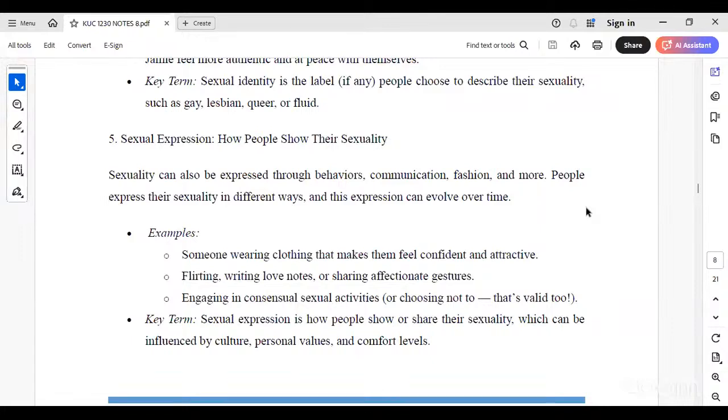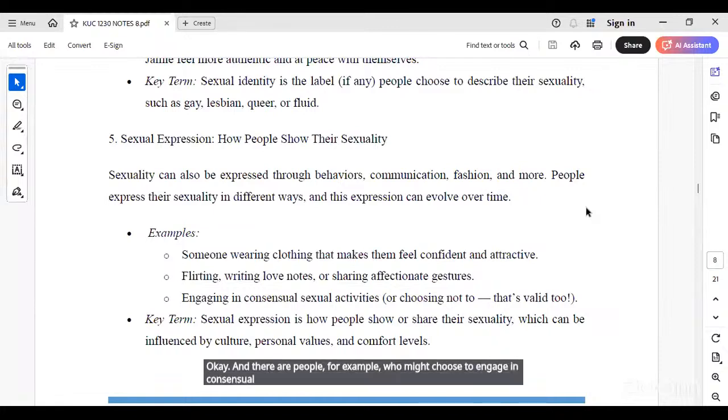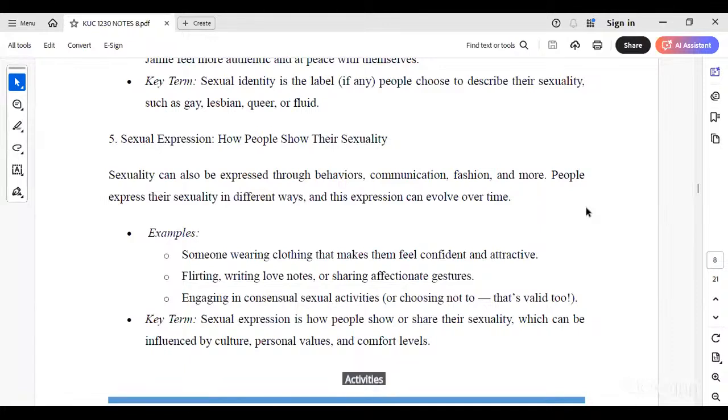Okay, and there are people, for example, who might choose to engage in consensual sexual activities as a way to express their sexuality. But there are others who will want to have a relationship, but they don't necessarily want to engage in sexual activities. It is out of their own will.